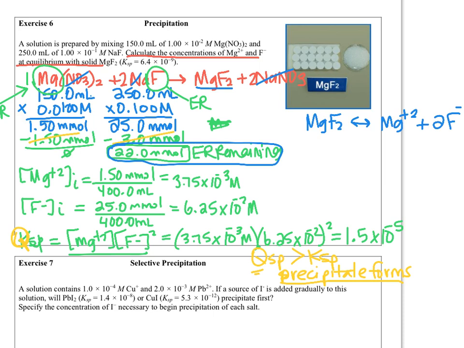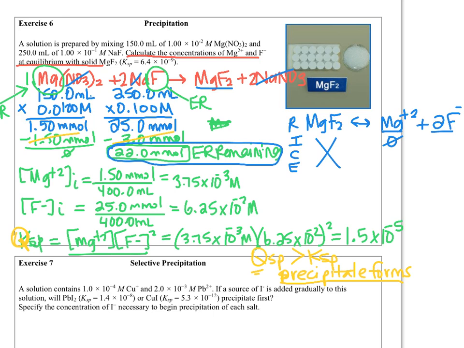So I have to consider the fact that this gets consumed, and that's going to affect my concentrations of magnesium and fluorine, and my overall concentrations at the end. So I'm going to do a quick RICE table. Again, we don't care about our solids. But magnesium, we know we have 0 of because it got all consumed in the reaction.